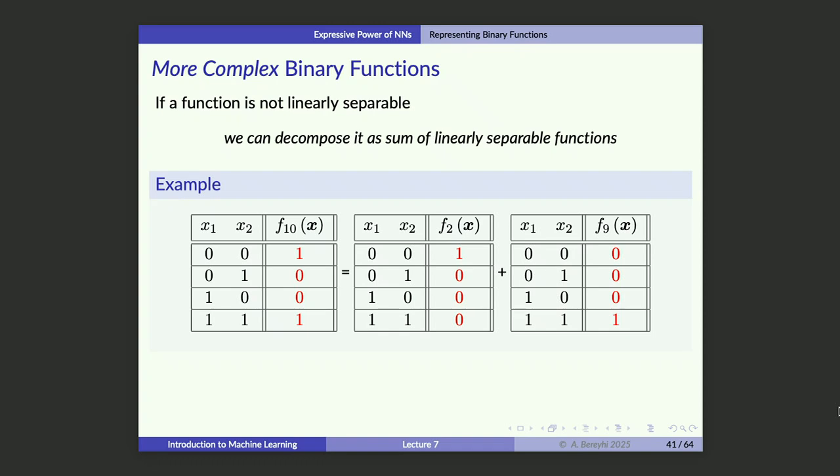And this function does not have a single 1 or 0. It has 2 1s and 2 0s, correct? But can I write it down in form of these two functions being added up? Is it correct or wrong? Everybody agrees? Yes?